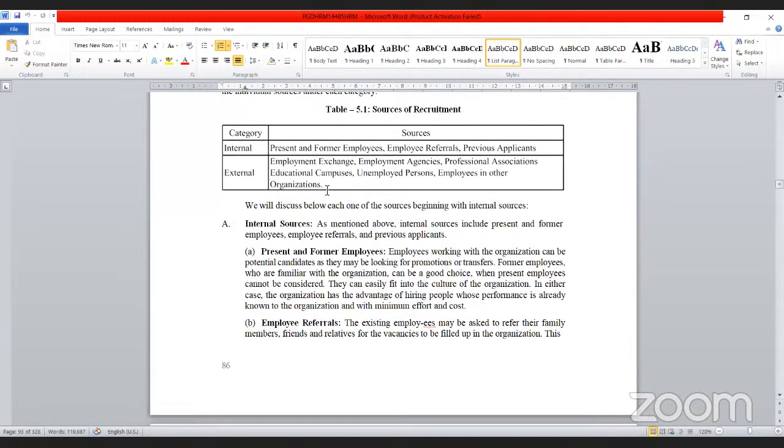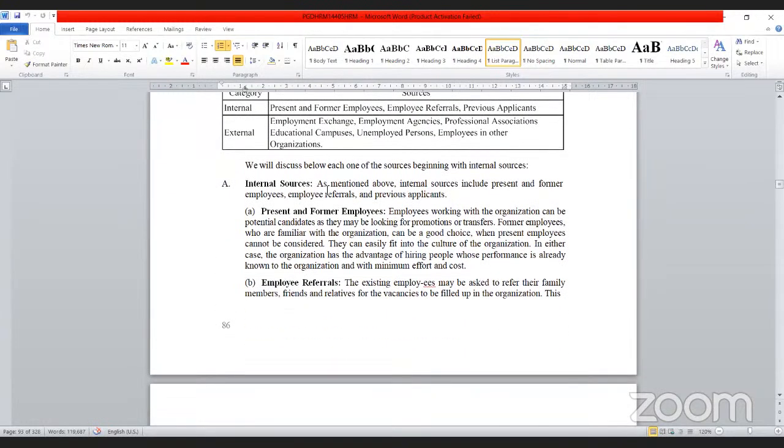Let's understand the internal sources. Internal sources is where you are dealing with employees, employee referrals, and previous applicants.